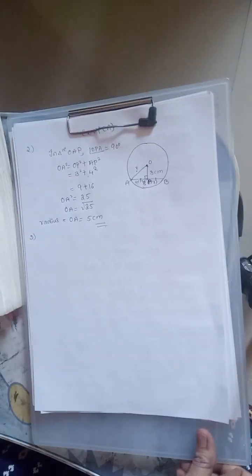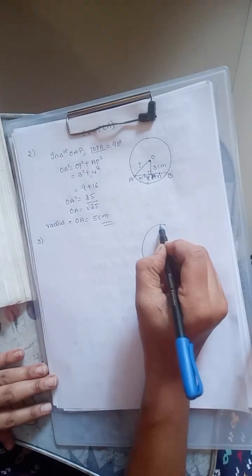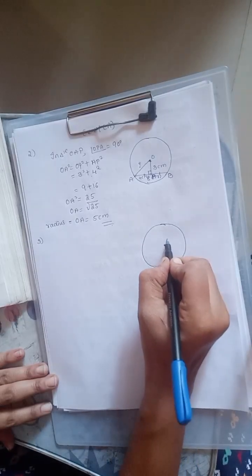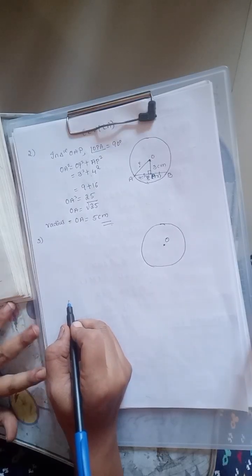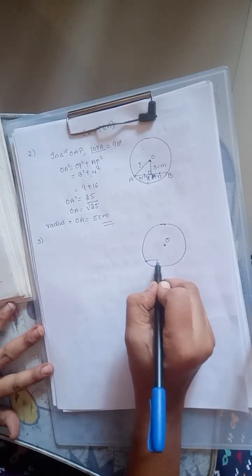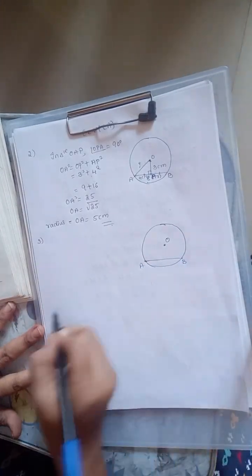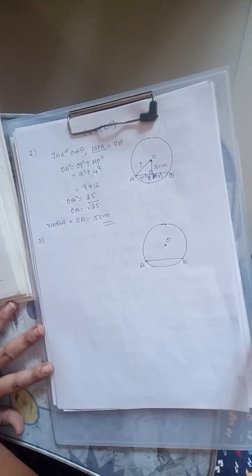Okay. Now draw the circle with center. Let us consider center O, and you need to find out the length of the chord. First draw the chord. Let AB be the chord here, and the given chord is at the distance of 8 cm from the center.